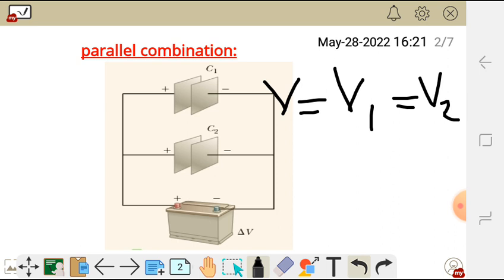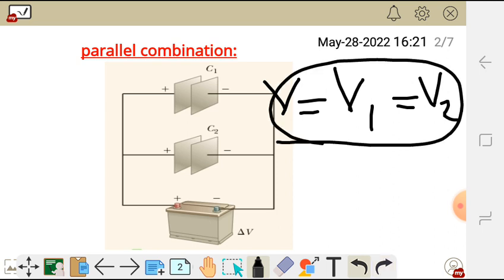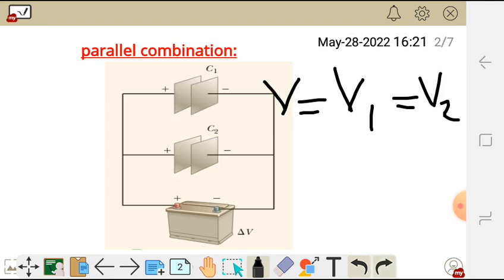So how can we find the equivalent capacitor, which is the total capacitor across these two capacitors? To find it, since voltage is equal across these two capacitors, what you should know again is that charge is not equal.